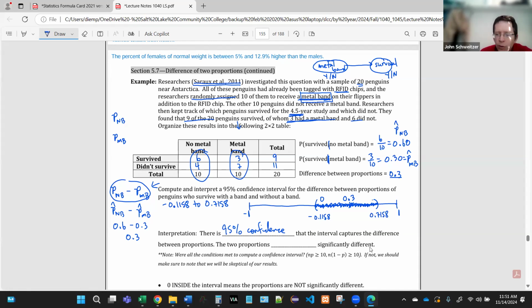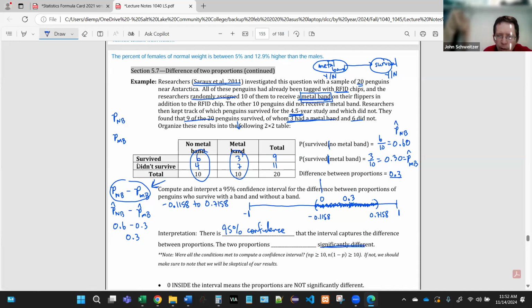So what this interval creates is a set of plausible values for the difference between these two parameters. So are they significantly different?